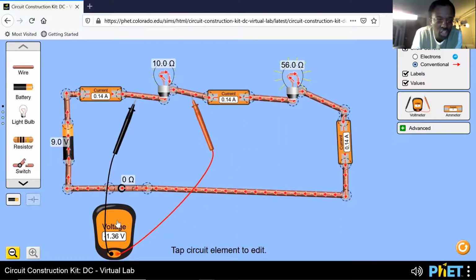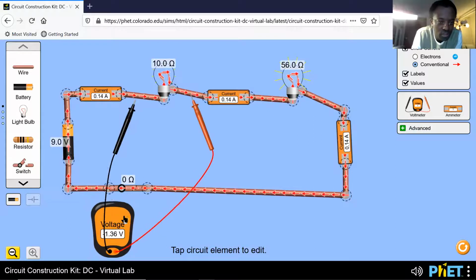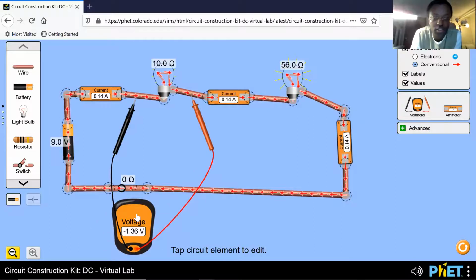The voltage across the light bulb on the left is 1.36. Because it's V equals IR, right?